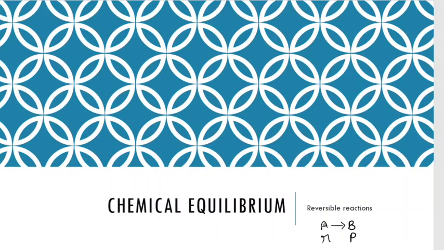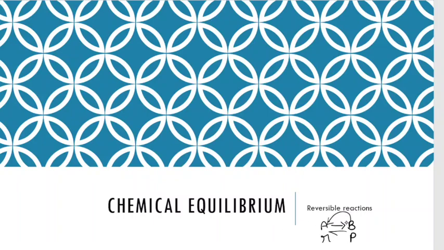When the reactant A is converted to B, we can say that the reaction takes place. Under similar conditions, if B has the capacity to come back to A, that means if the backward reaction takes place, then the products may convert into reactants, right?